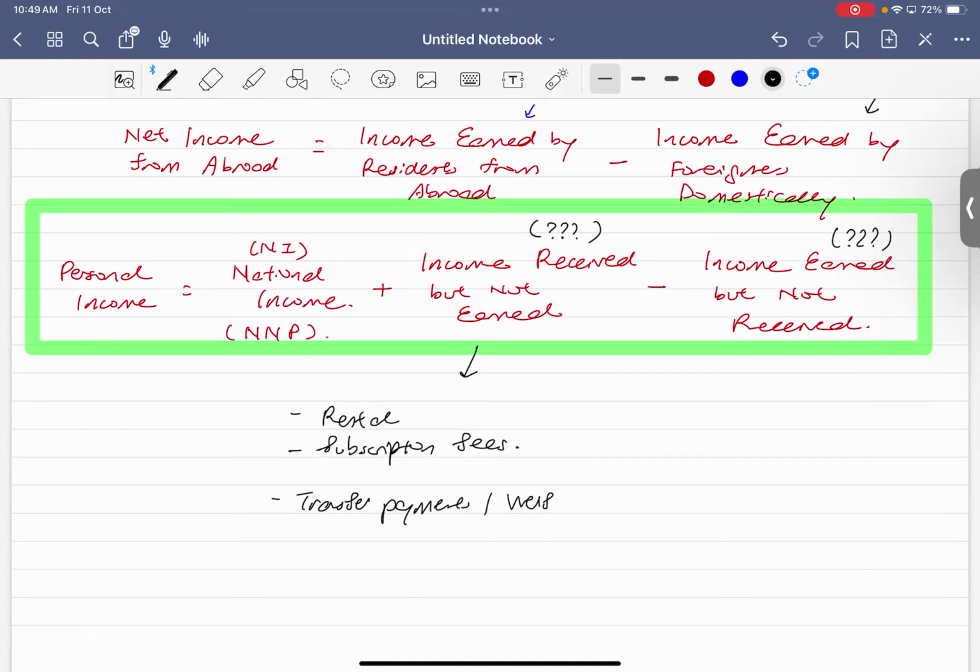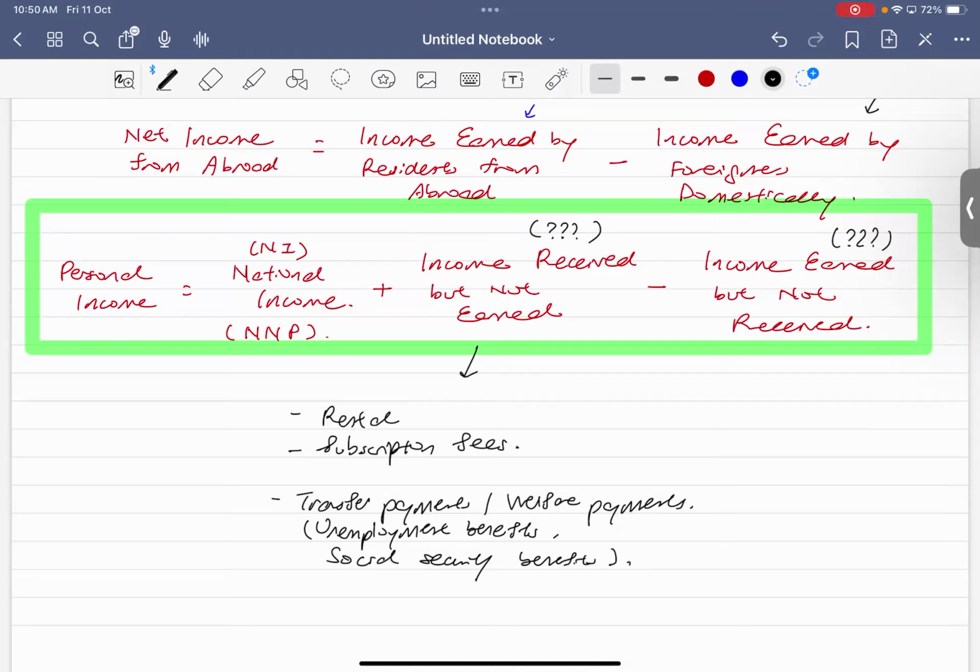Like for example, government gives you money: unemployment benefits, social security benefits, all sorts of financial assistance. The government gives you money. Do you provide any service? No. So we call it income received but not earned. I'm unemployed, so I go and claim money from the government. I get the money, but I do not provide my service. Income received but not earned.